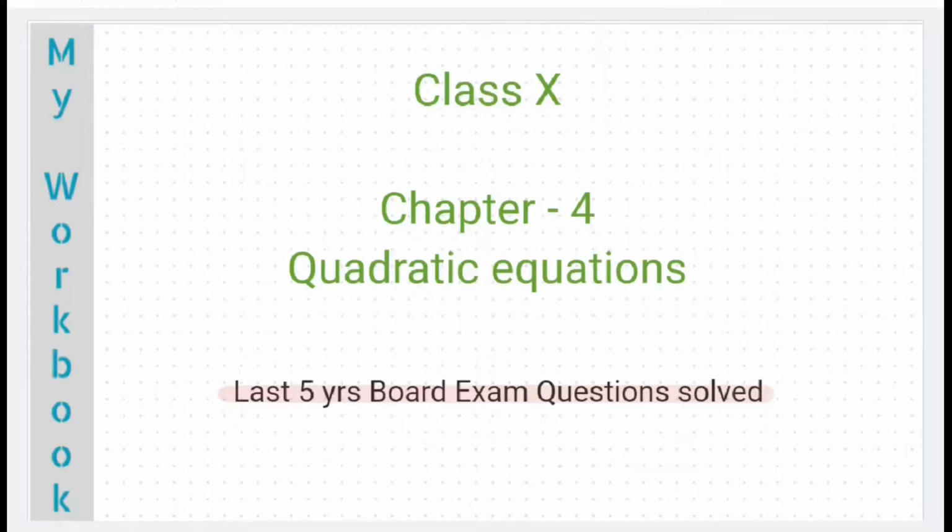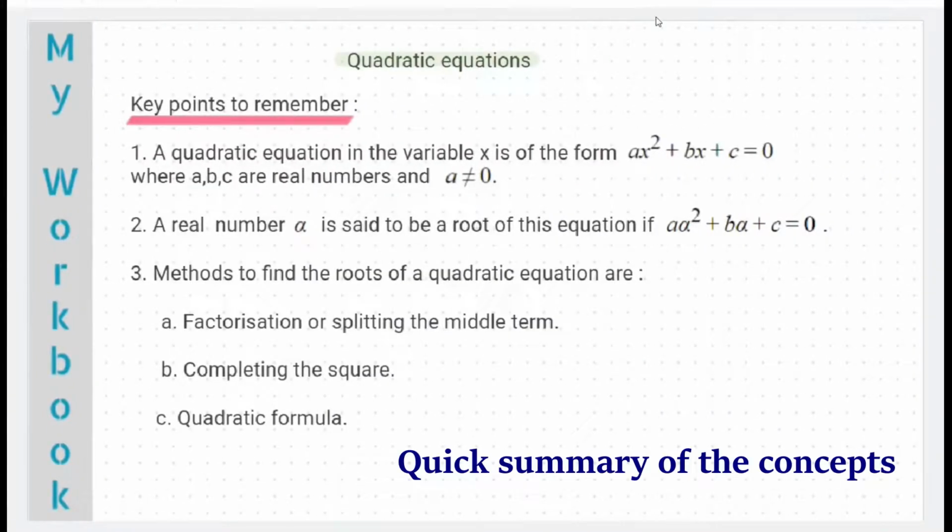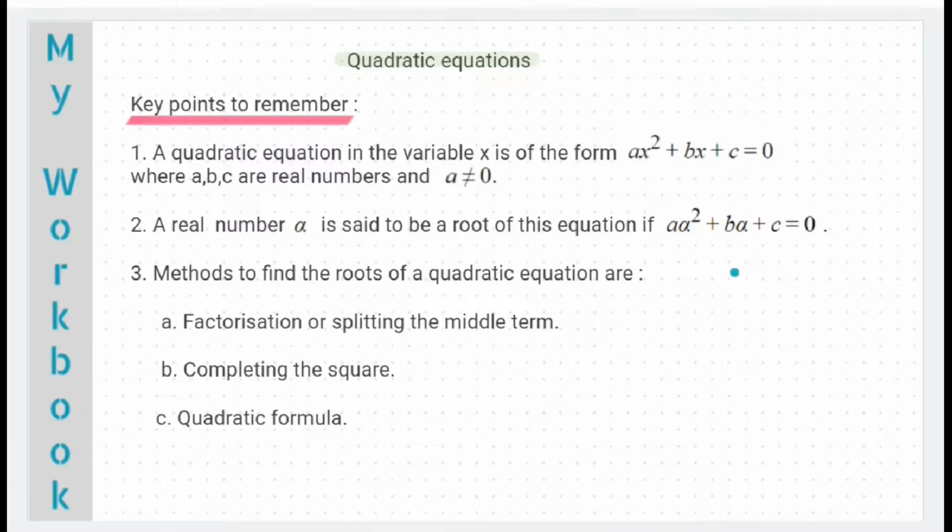Before we start with the sums, let's quickly revise the key concepts. A quadratic equation in the variable x is of the form ax square plus bx plus c is equal to 0, where a, b, c are real numbers and a, which is the coefficient of x square, should not be equal to 0.